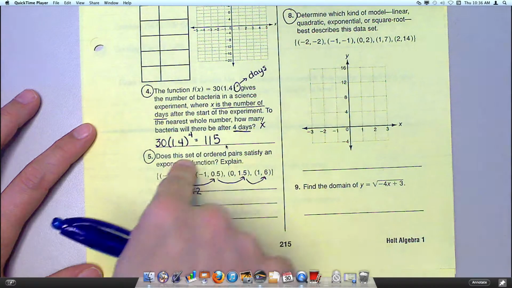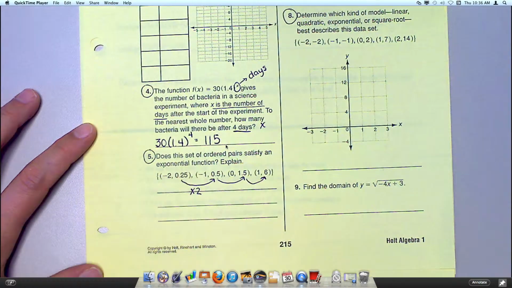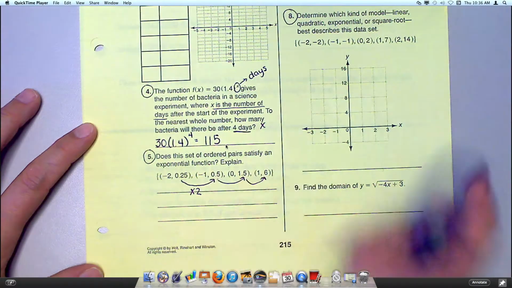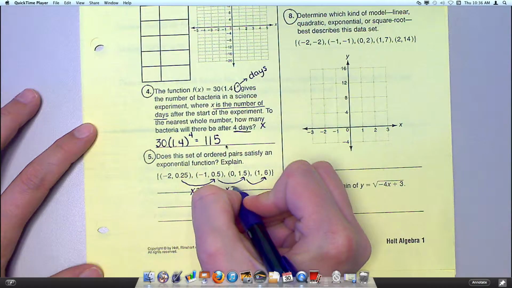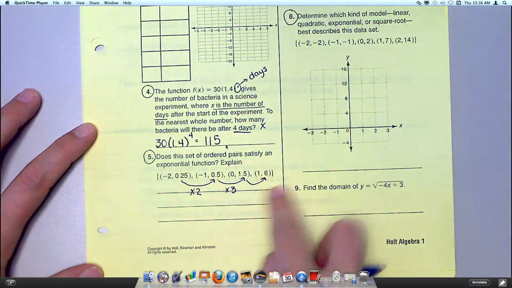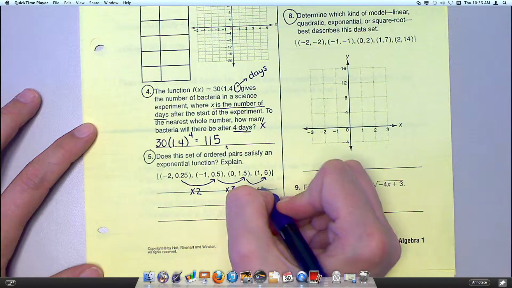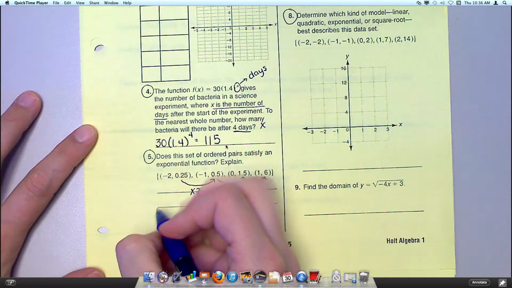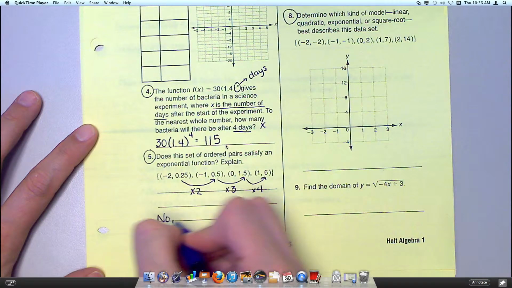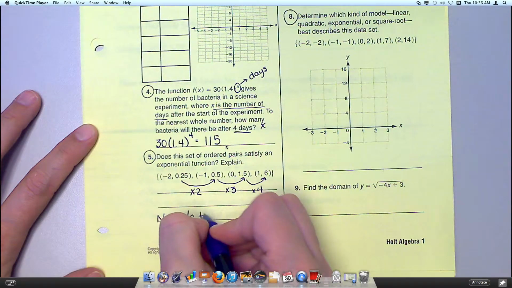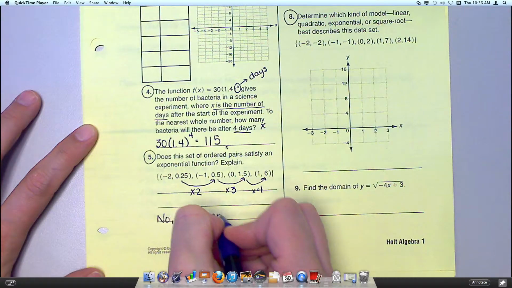Okay. 0.5 to 1.5. 0.5 times what makes 1.5? Times 3. And if you didn't know, you could do 1.5 divided by 0.5. So right there, do we have our answer? Yeah. If I were to check this, I would find that this were 4. Okay? But I would say no, because there is no common ratio.